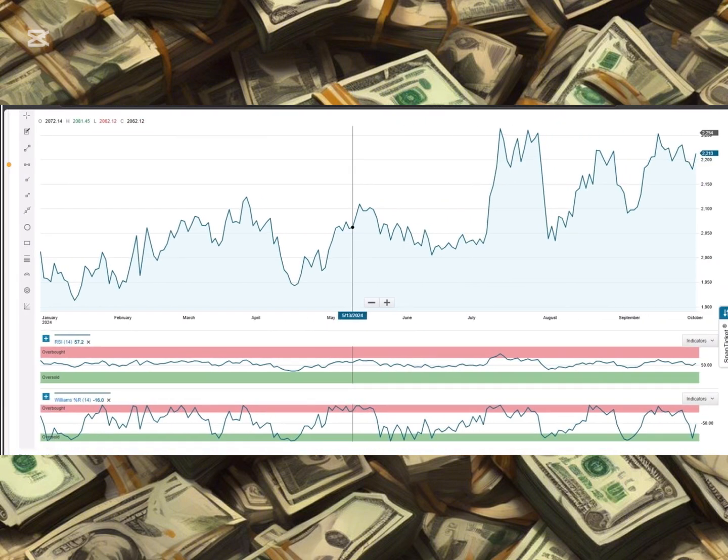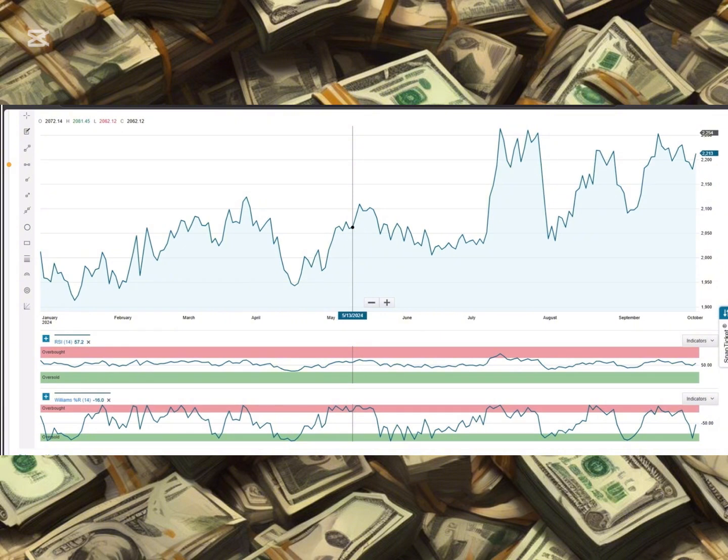Now the Williams %R oscillator, and I use the Russell 2000 for this. The reason I use the Russell 2000 is because it's only growing at about 8.5% per annum, and because of that flatness, and because it does have quite a bit of volatility to it, it becomes pretty attractive to trade, especially if you're using the Williams %R oscillator.